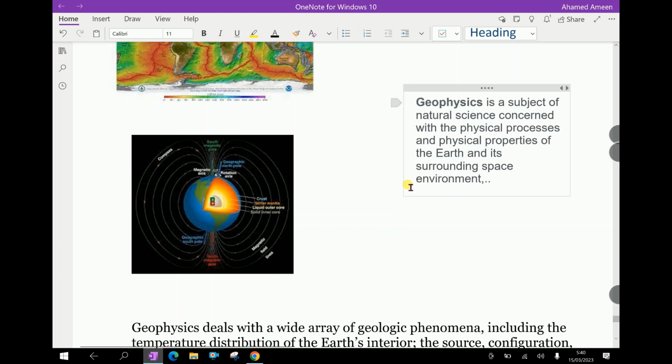Geophysics is a subject of natural science concerned with the physical processes and physical properties of the Earth and its surrounding space environment.